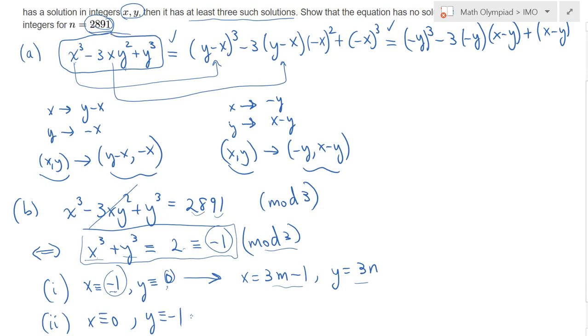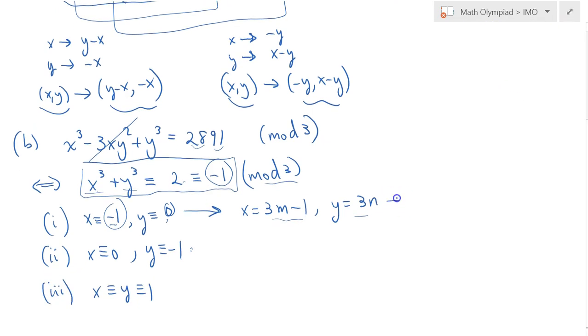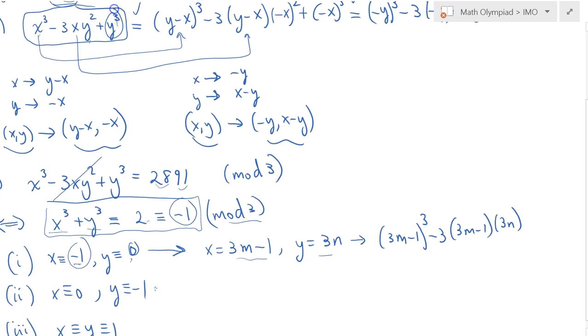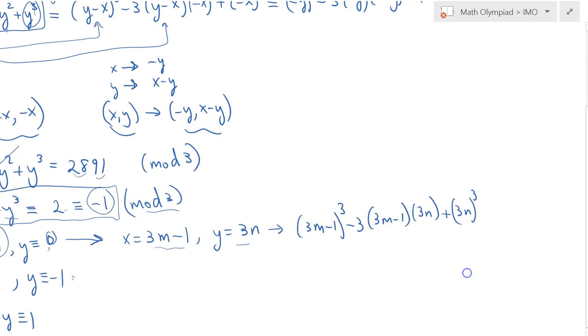And let's see if we get something meaningful. If we set it equal to 2891, we can get something meaningful, right? So when we do so, let me be careful here. I have (3m minus 1) cubed minus 3 times (3m minus 1) times 3n, and then (3n) cubed plus (3n) cubed, and I want to set this equal to 2891.